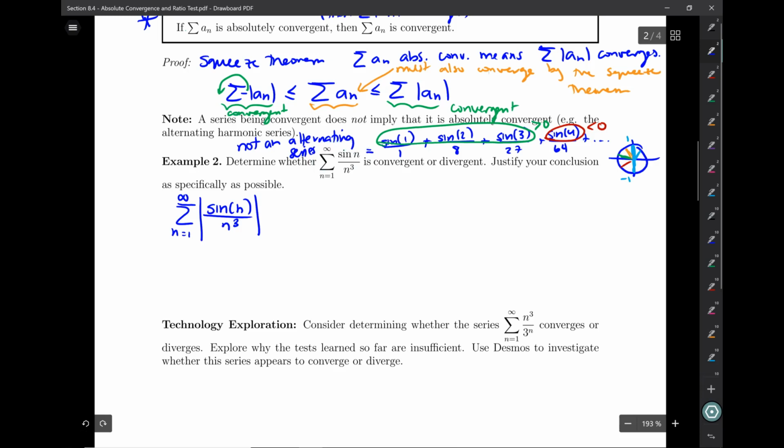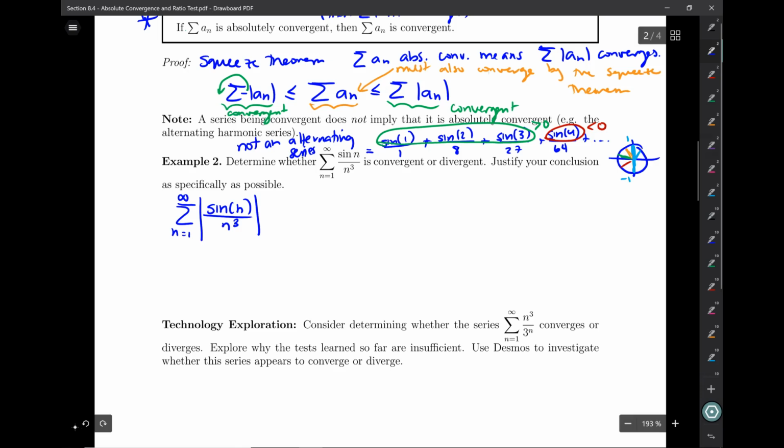So let's see if that helps us. When we do the absolute value, we can look at comparing it to maybe a p-series, because this is pretty similar to a p-series, isn't it? You've got the n cubed in the denominator. In the numerator, you have the sine of n part, which is going to vary in value between -1 and +1, right?